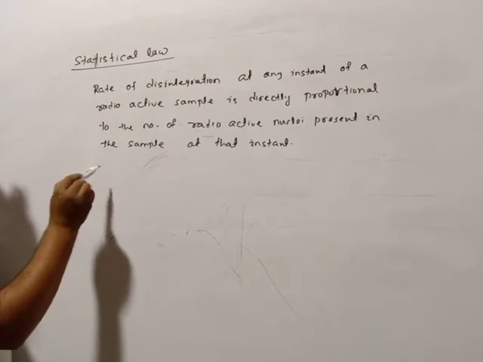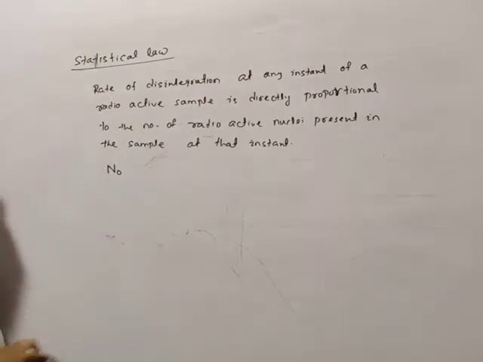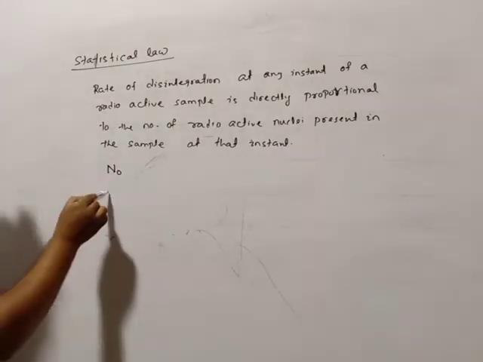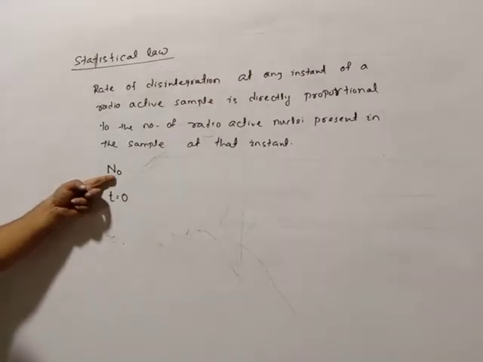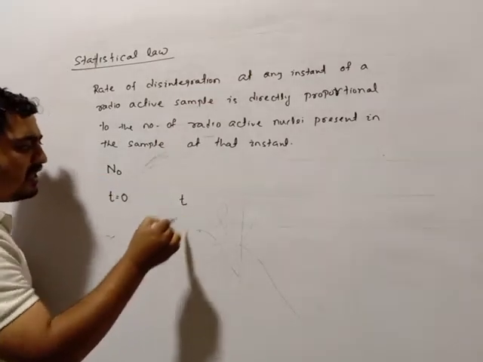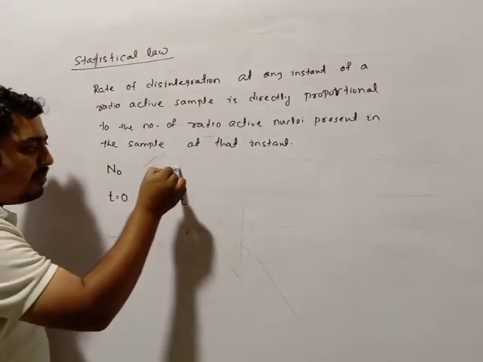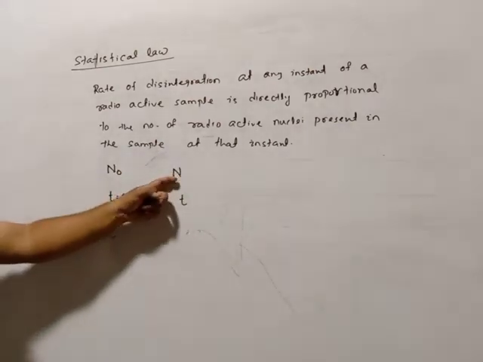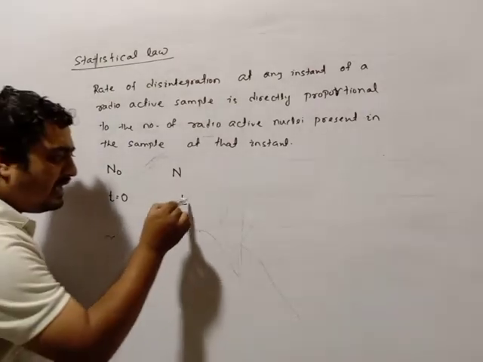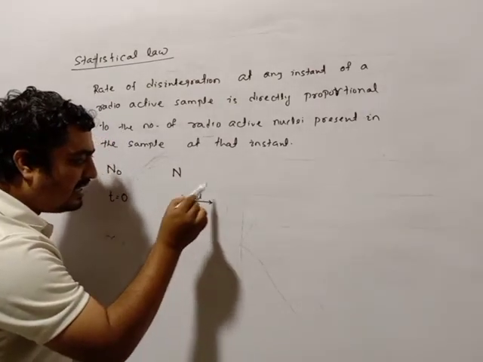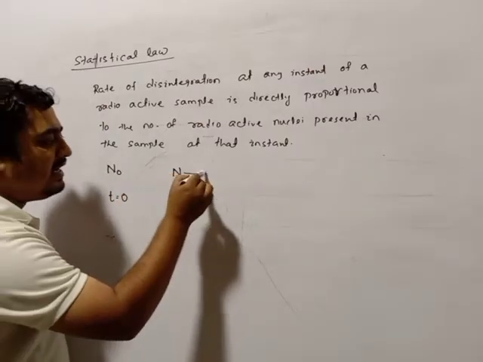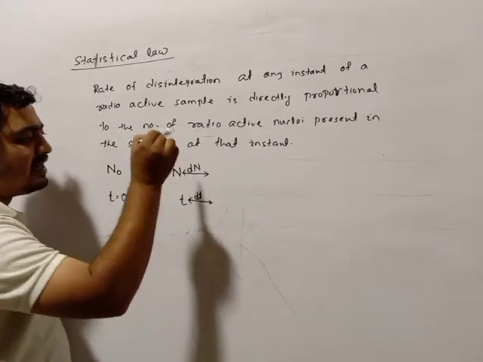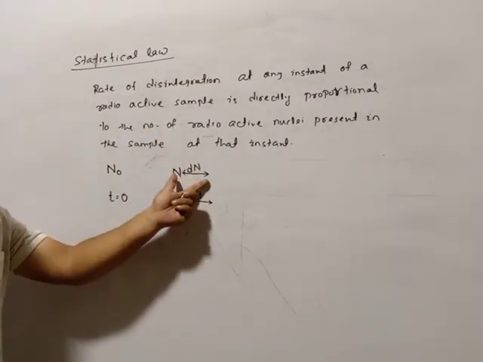So let us consider a radioactive sample. Initially, at time t equal to 0, the number of radioactive nuclei is n0. After time t, the number of radioactive nuclei becomes n. Now, in a very small interval dt at time t, let dn number of radioactive nuclei be disintegrated.